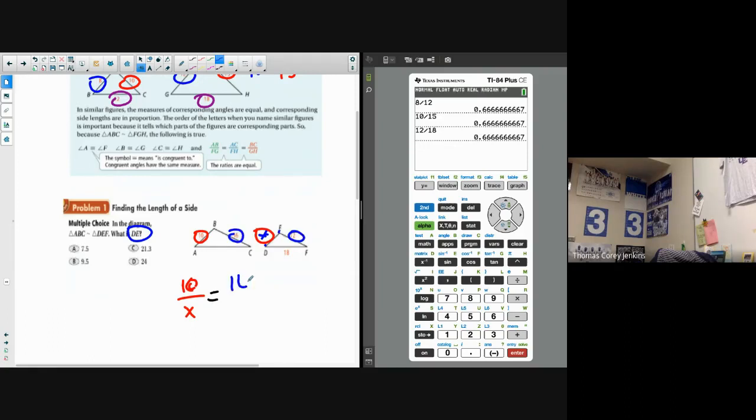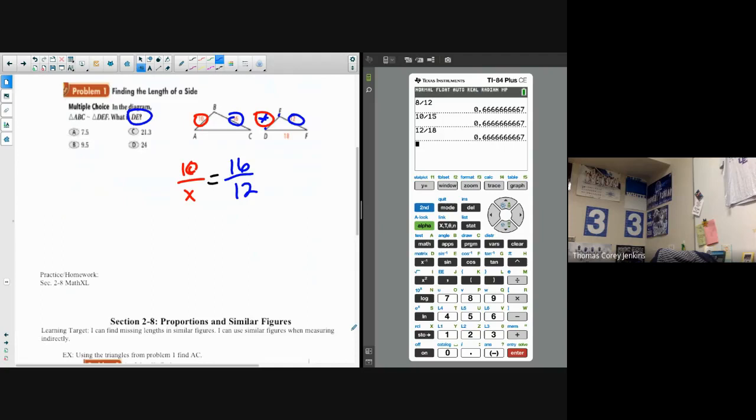So 16 over 12. And again, think back to our DMR. Would it be right if I would have done 12 over 16? The answer to that is no. It would not be correct. Now we want to go ahead and use cross products to solve. We get 16x equals 120 because 10 times 12 is 120.